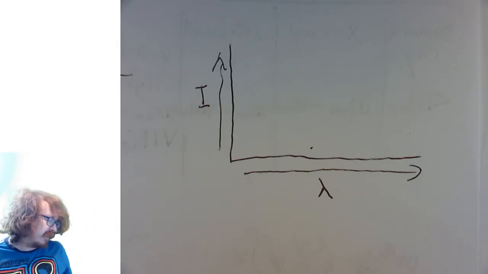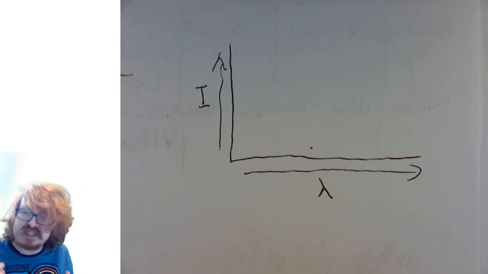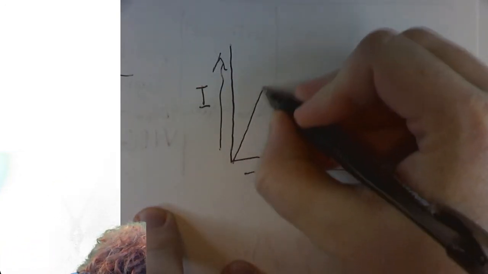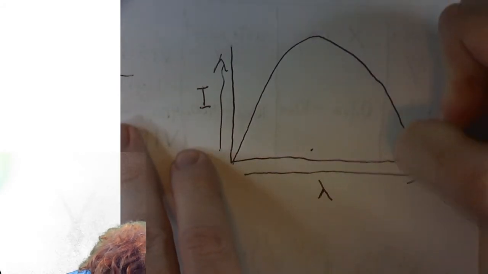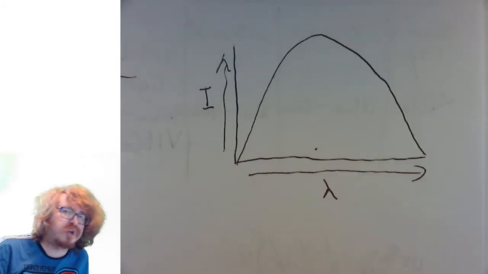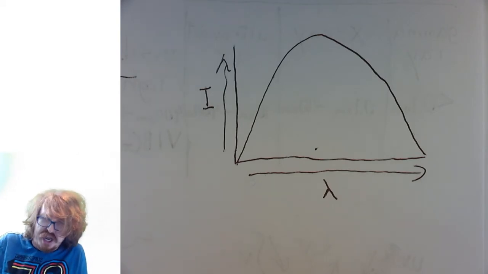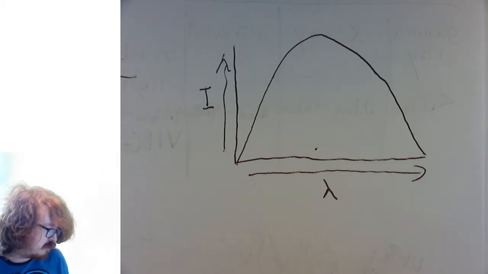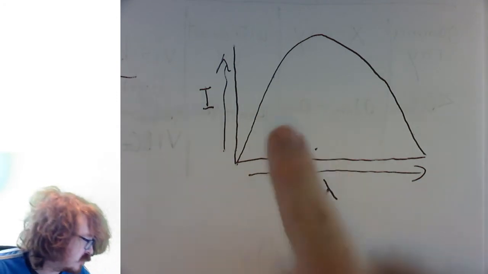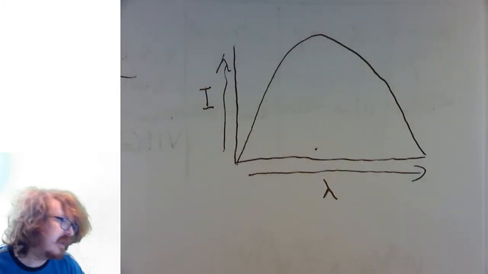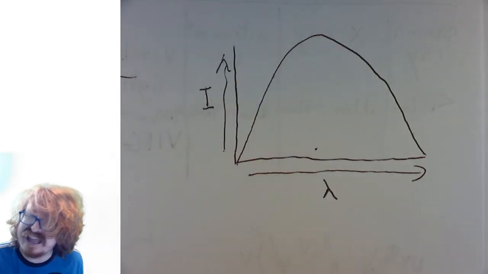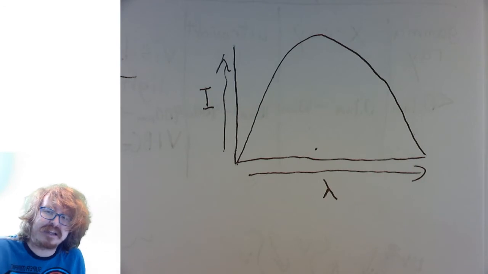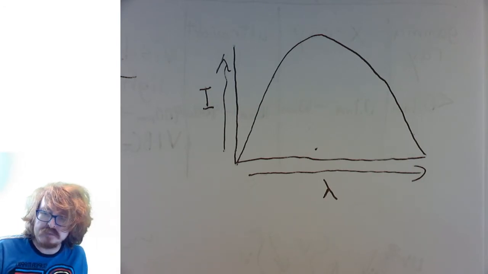A typical object might have a spectrum that looks like this. Sort of a single hill shape. So this particular object, this one right here that I just drew, here's my question. Is this object giving off a lot of gamma rays? Yes or no?